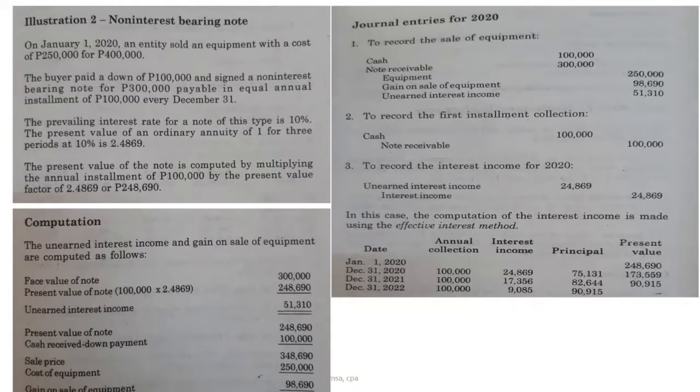Then divide by 0.10. Wait, let me check my computation: 1, 2, 3, minus 1, divided by 0.10. What appears? Negative 2.4868. So therefore, that's it.